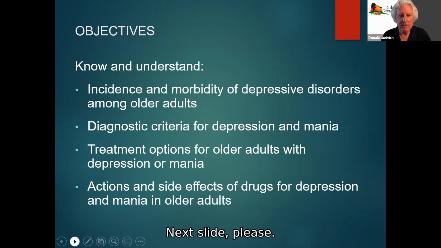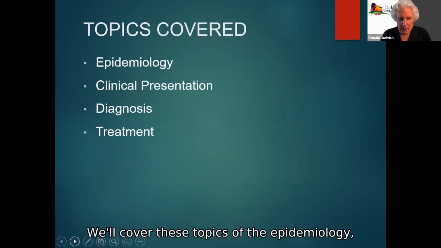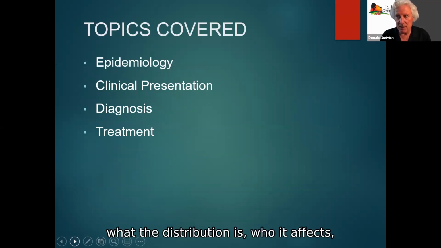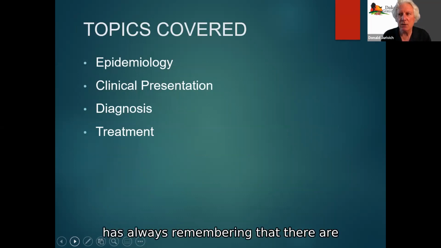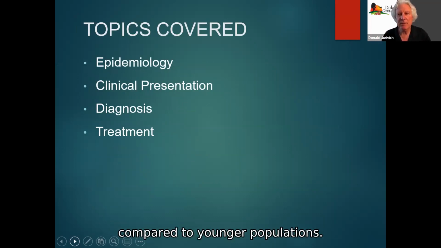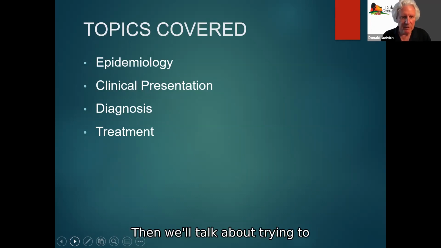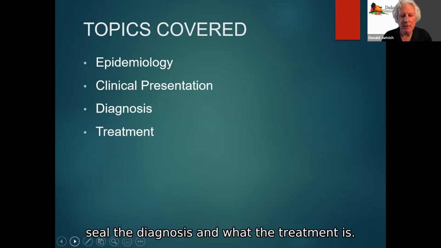Next slide, please. So we'll cover these topics of the epidemiology, what the distribution is, who it affects, and what the clinical presentation is, always remembering that there are atypical presentations in older adults compared to younger populations. And then we'll talk about trying to seal the diagnosis and what the treatment is.